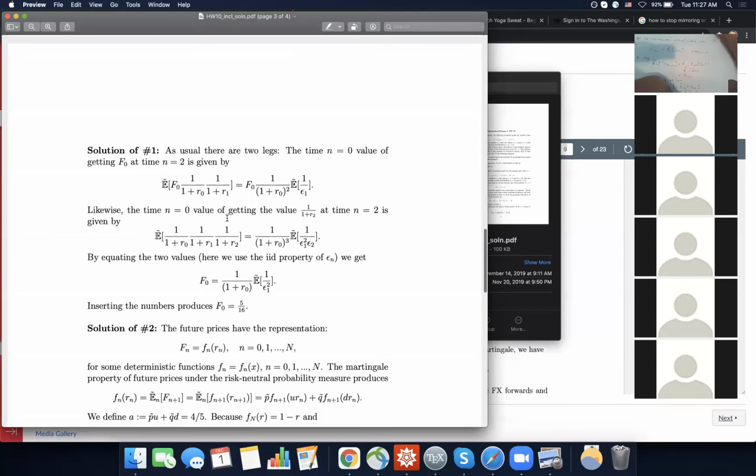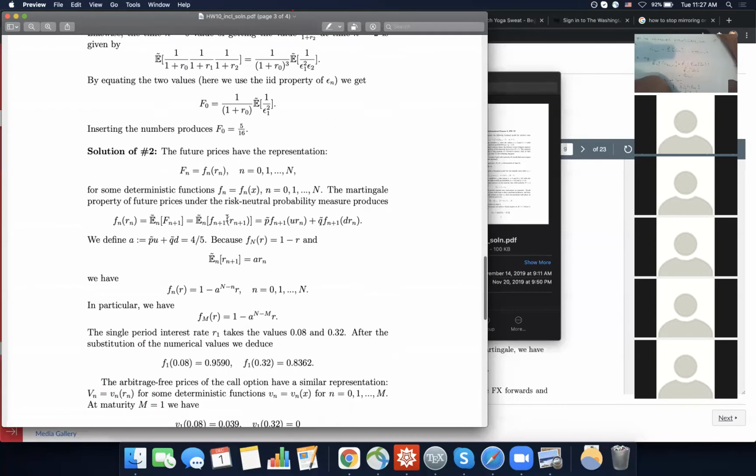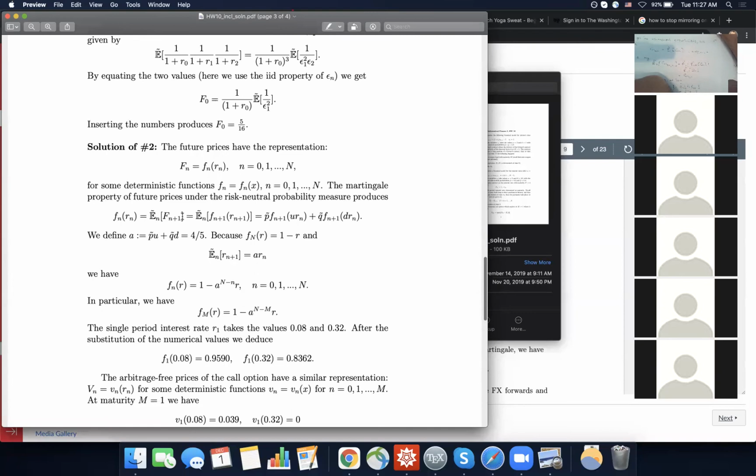There's this conditional expectation that we've had before, right? So for the forward rate, you go one step back by conditioning, and you know how to do that. So you go backwards like this, and you're ultimately going to get what F0 is.